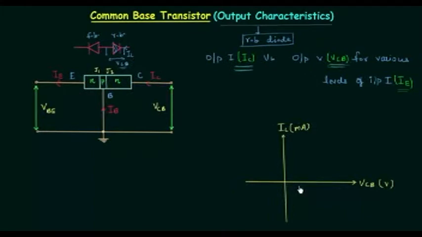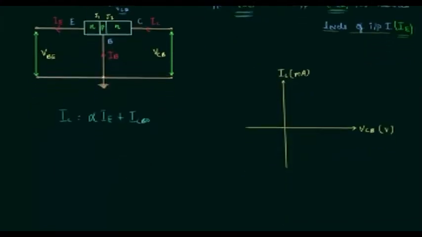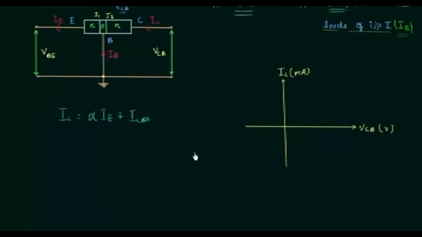It will be simply the reverse bias characteristics of a diode, but the important thing is the variation of the plot for different levels of input current, that is IE. And we already know the collector current IC is equal to alpha times IE plus ICBO, where ICBO is the reverse saturation current or leakage current.